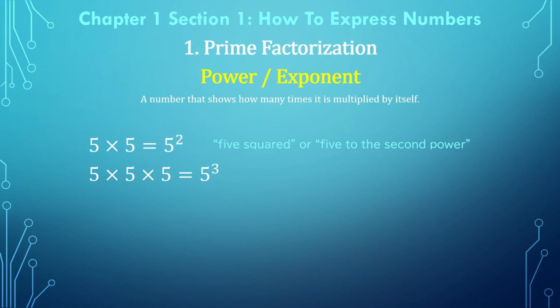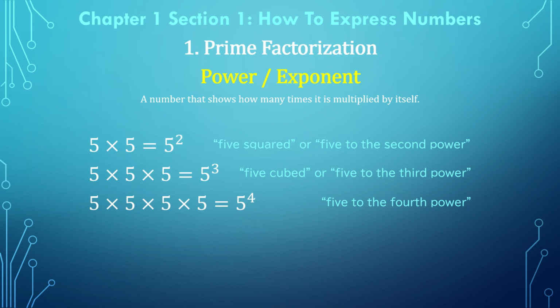When it's 5 times 5 times 5, it's 5 cubed, or 5 to the third power. 5 times 5 times 5 times 5 is 5 to the fourth power. By the way, you have to be clear about what part is called what.